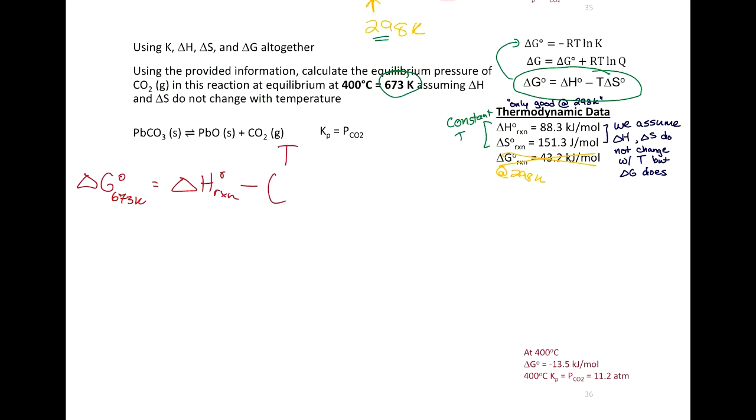Our temperature here is 673 Kelvin times delta S of our reaction. We know these values, and so we can calculate delta G. So simply, I'm going to convert delta H to joules again, because it needs to be in joules for the next step anyway. So there's delta H minus this new elevated temperature, so 673 Kelvin.